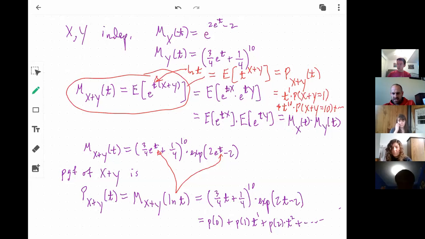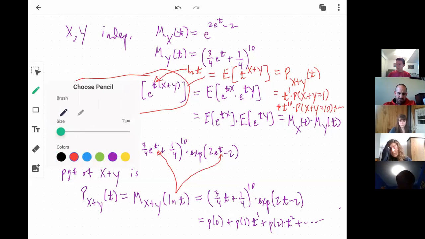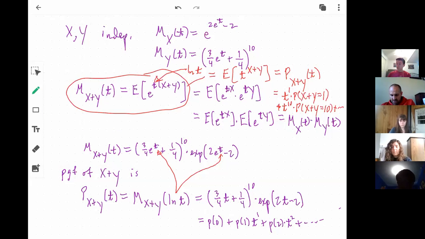All of the probabilities. So p of 2 is the probability that x plus y is equal to 2, for instance. What I really want here, the problem is asking to compute the probability that x plus y is equal to 2, at least the first part is, which is just little p of 2, okay?